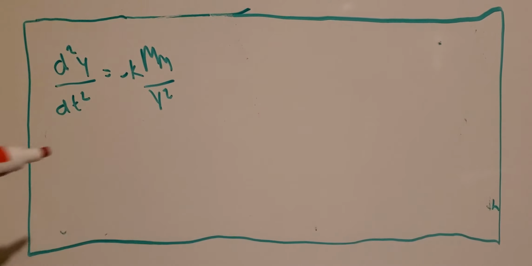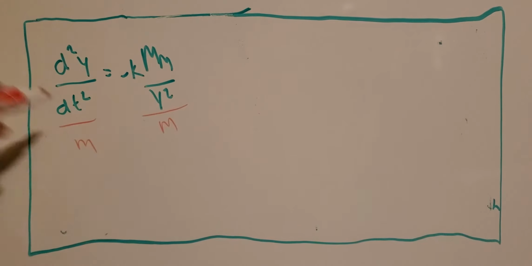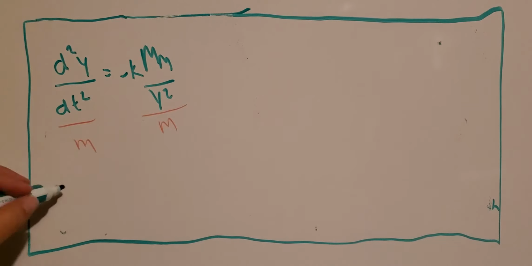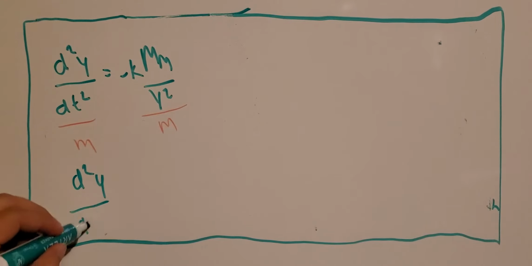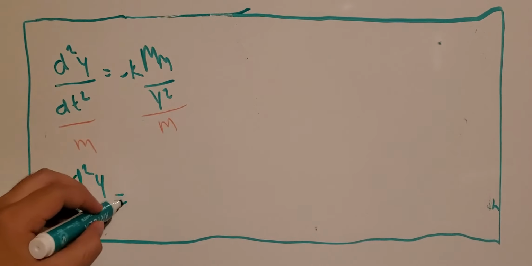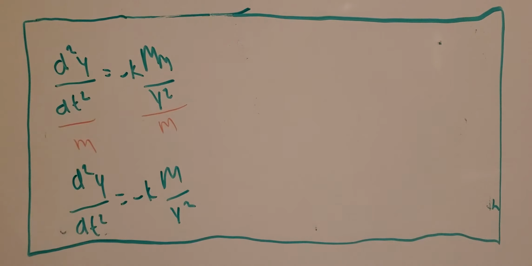Once we do that, we'll get this. From doing that, our equation will now be d squared y over dt squared equals negative k capital M over y squared.